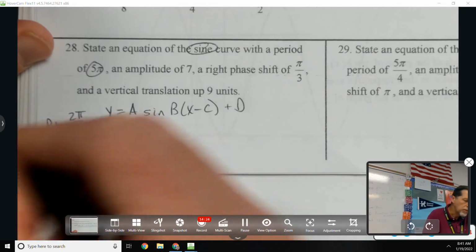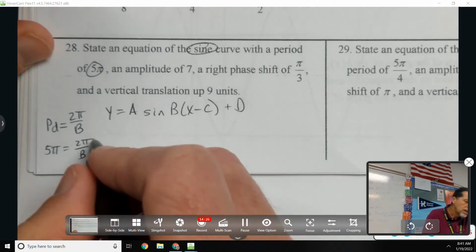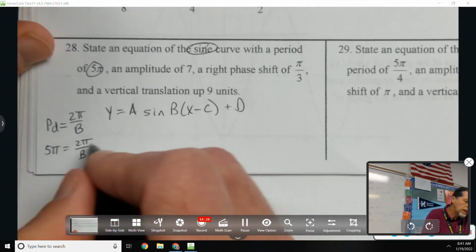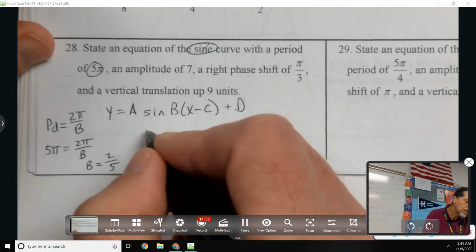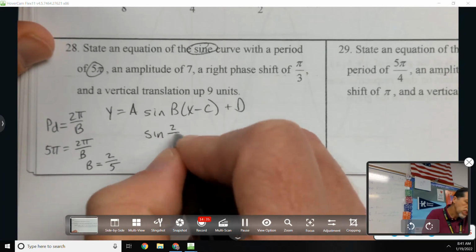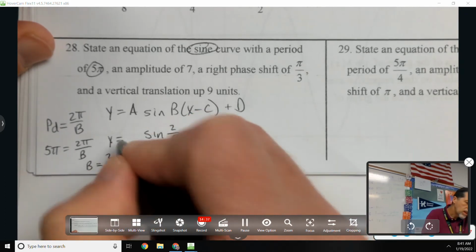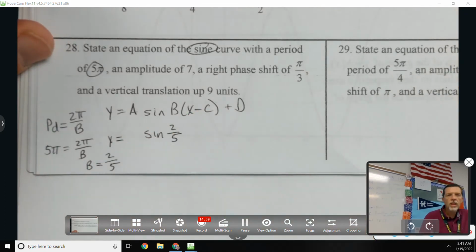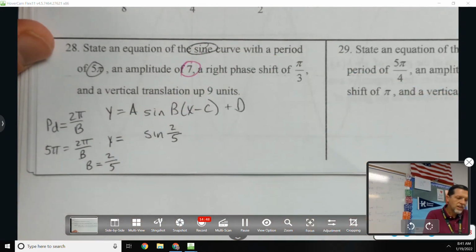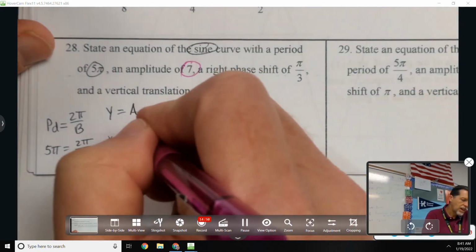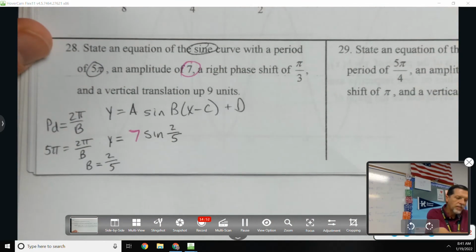So if I move things around, multiply both sides by b, divide by 5 pi, I get 2/5. That's the hardest one, the rest are easy. Amplitude of 7, so where does that go? For A. Our favorite one.